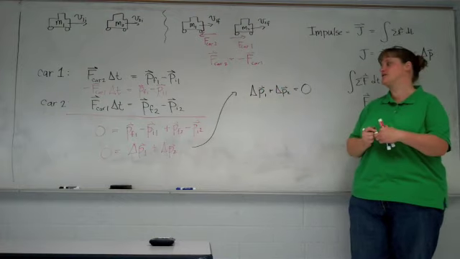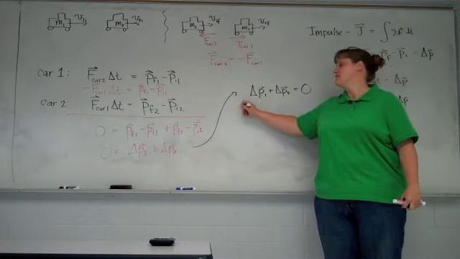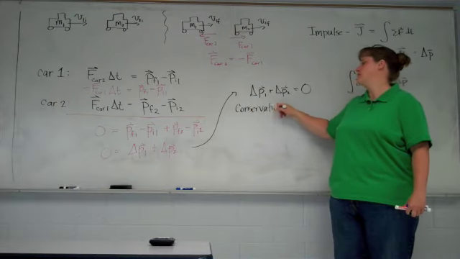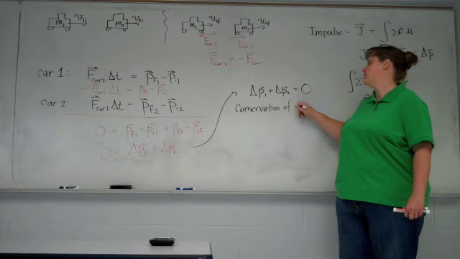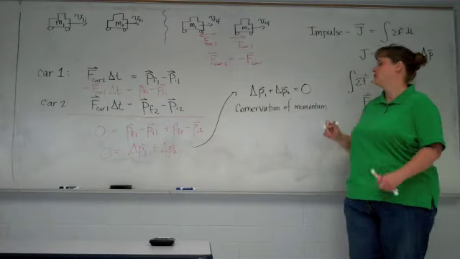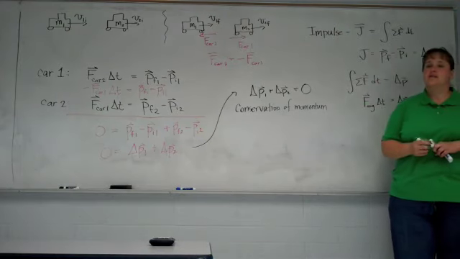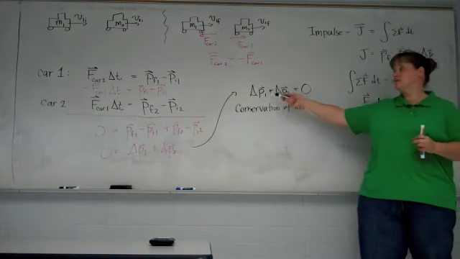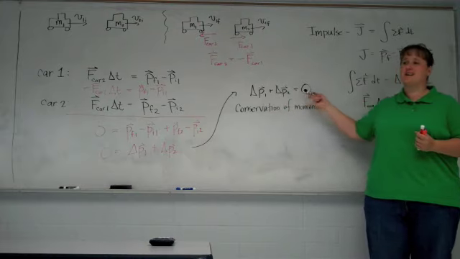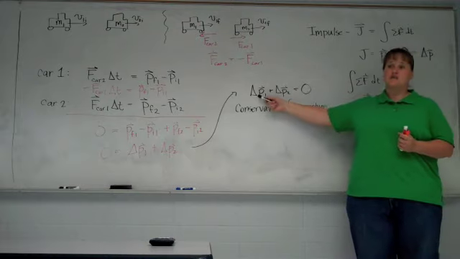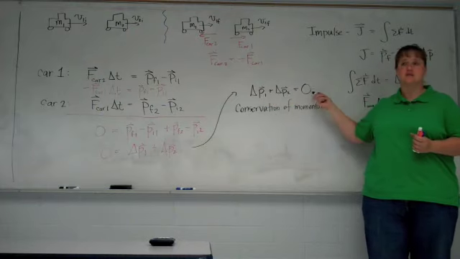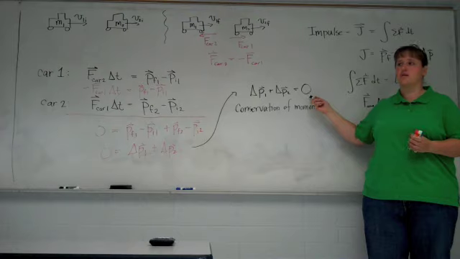This is called the conservation of momentum. That's what we mean when we say the change in one quantity plus the change in the other quantity has to equal 0. As one increases by a certain amount, the other has to decrease by the same amount to maintain the equality at 0.